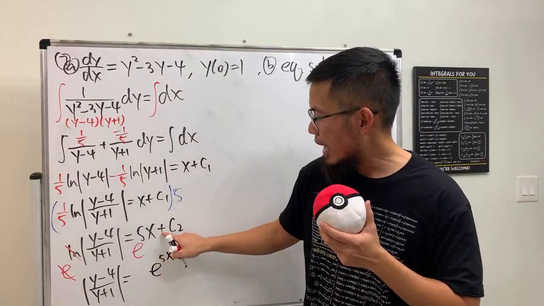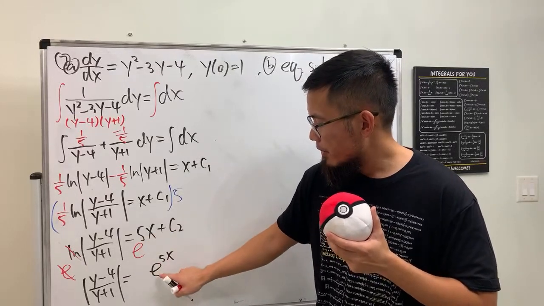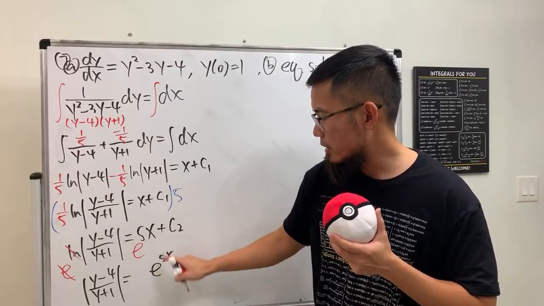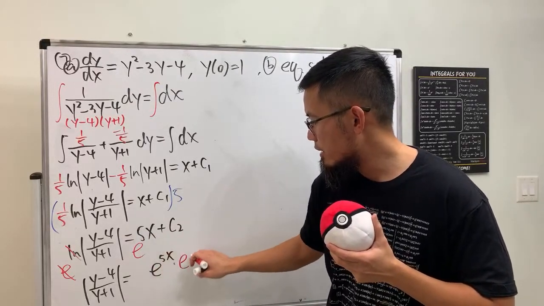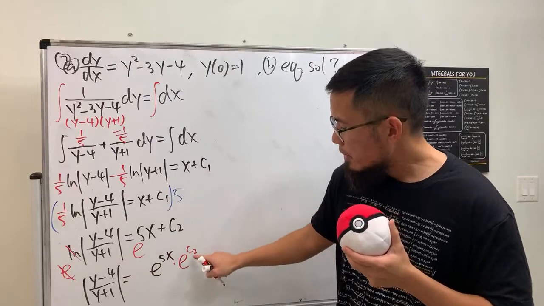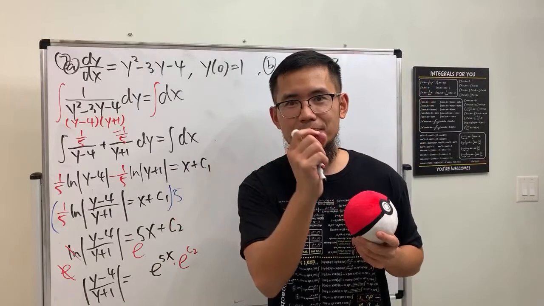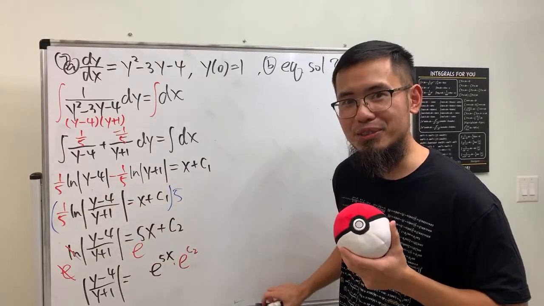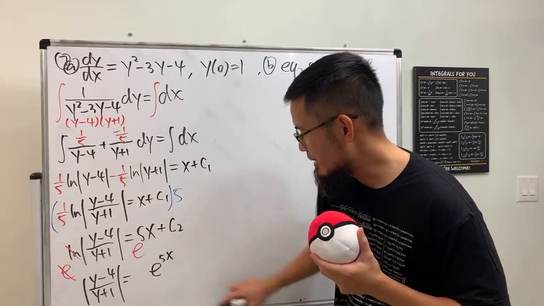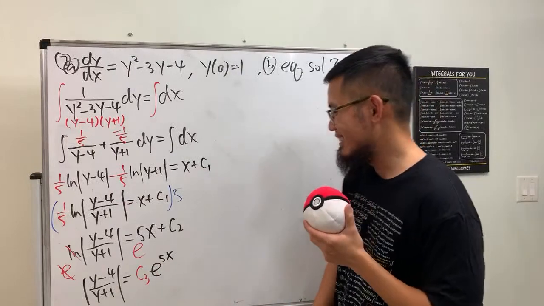But because we are adding this and that in the power, this is the same as e to the 5x times e to the c2. But because c2 is a constant, e is also a constant, a constant to a constant power is still just a constant. So we are going to write this as c3. Man, seriously, don't you love that so much? So let's put down the c3 in the front, right?